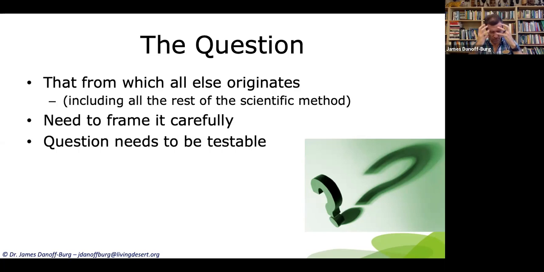So we need to think very carefully and solidly about how we frame that question. And of course, it needs to be testable. It needs to be able to be stated in such a way that your question could be answered in the negative. Did we have an impact on our community with this program that we thought was going to make some pro-environmental behavior change?